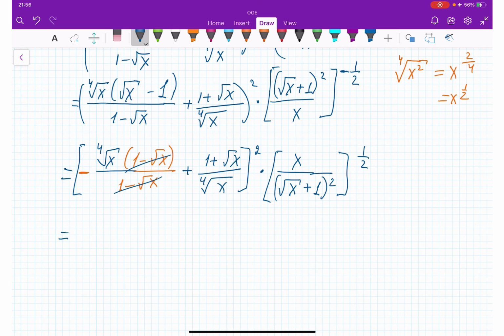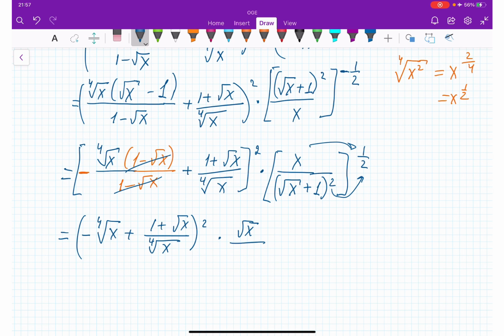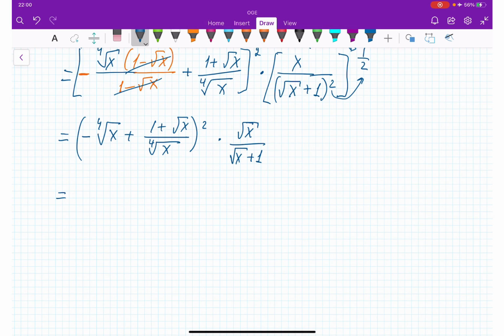So from here, we have negative, the fourth root of x plus 1 plus square root of x over the fourth root of x, and this is squared, times, so x to the power 2 is going to be square root of x, that's what I was talking about, and this squared to the power 1/2 is going to be square root of x plus 1.